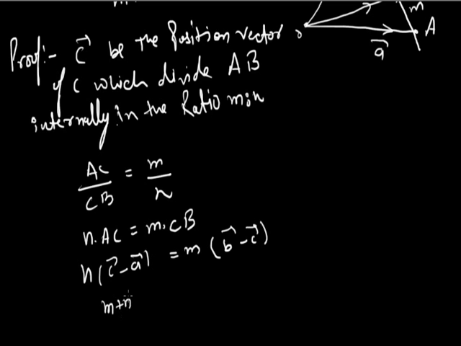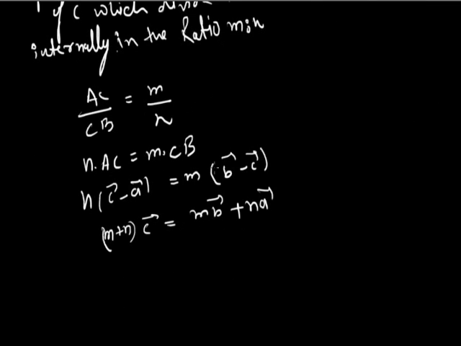So (m plus n) c vector equals m b vector plus n a vector. Now c vector equals (m b vector plus n a vector) upon m plus n.